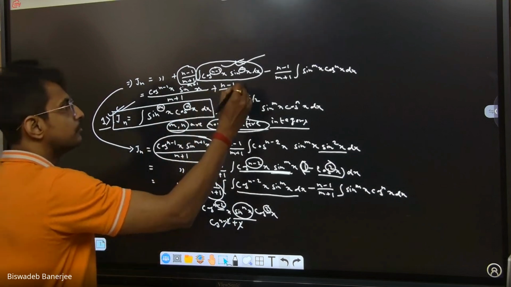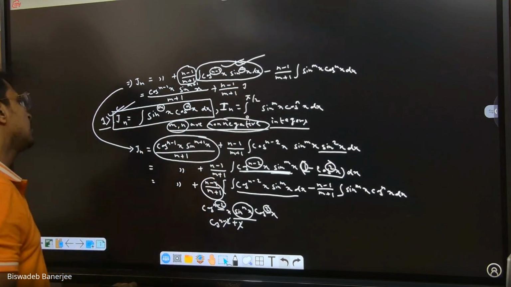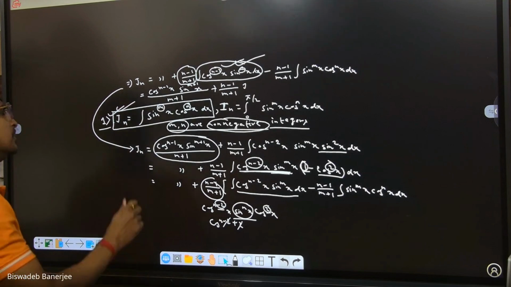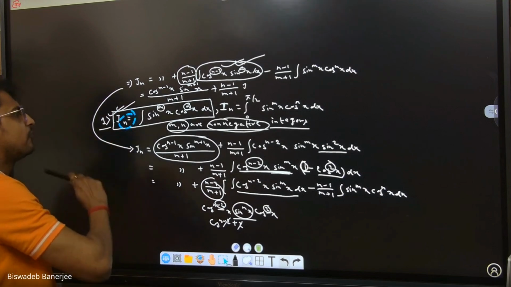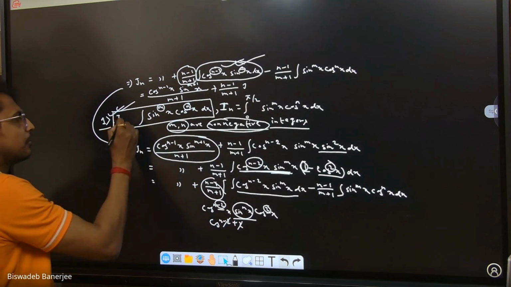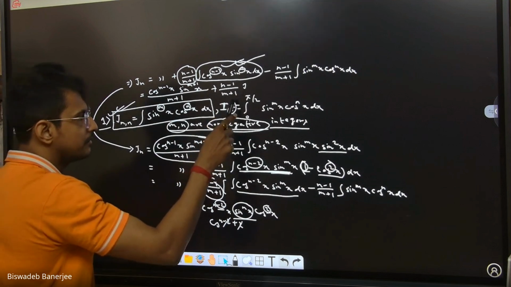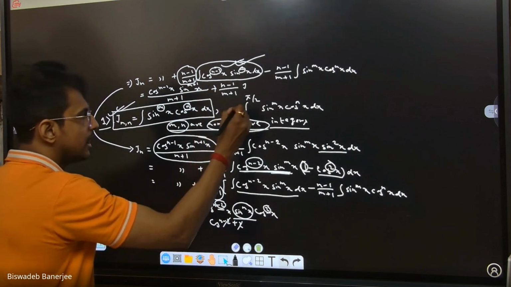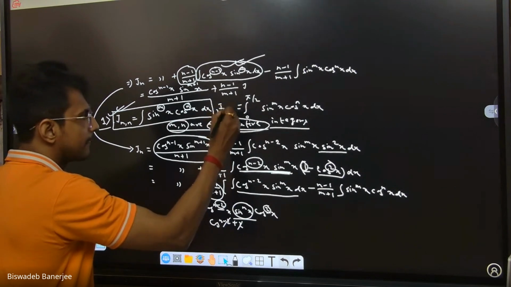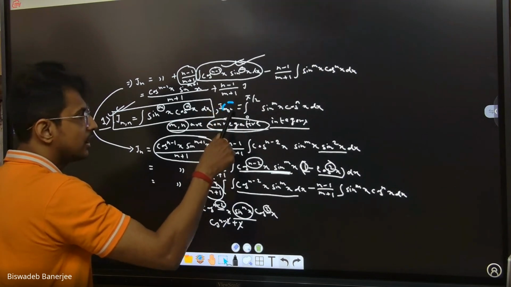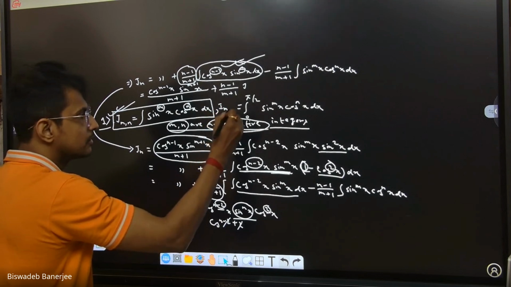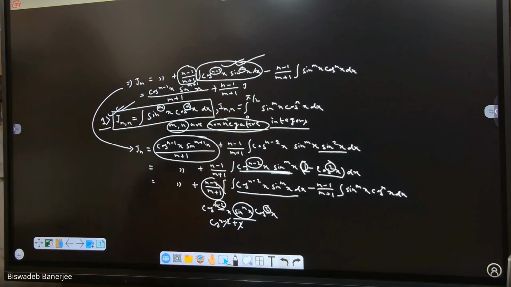It will be more helpful if we denote this integral by Jmn, and this is Imn. Just correct this notation.